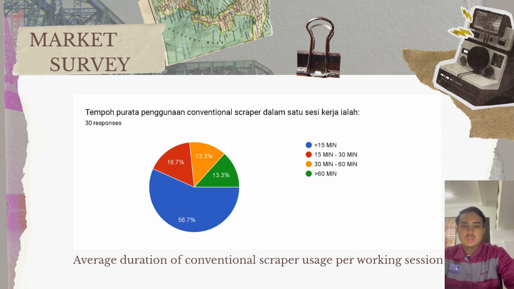Alright, I will continue the presentation. I'm the presenter, Muhammad Anas bin Jafridin, and I will present the market survey for the question: average duration of conventional scraper usage per working session. The second pie chart shows that most respondents, 56.7%, use the conventional scraper for less than 15 minutes per working session.